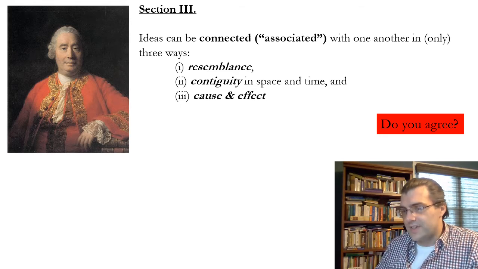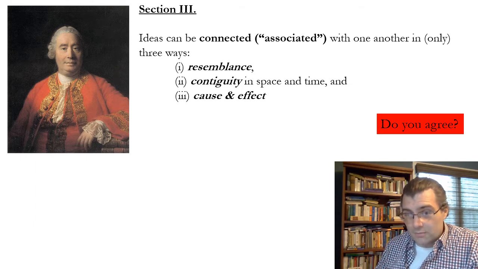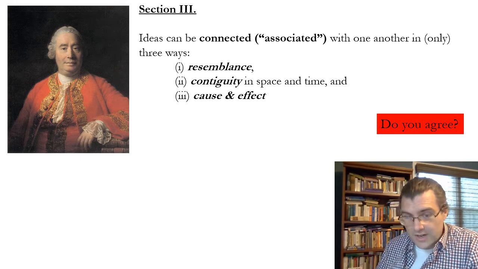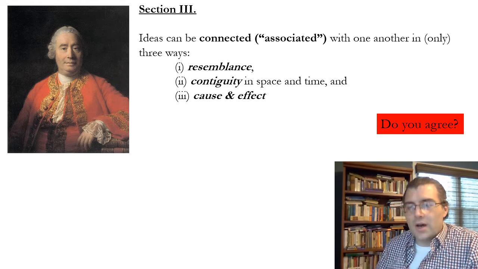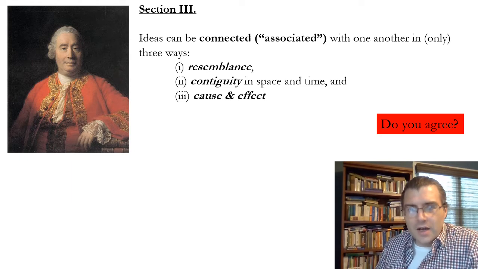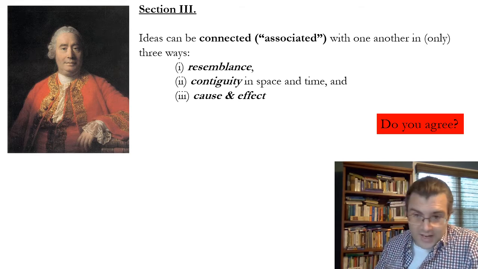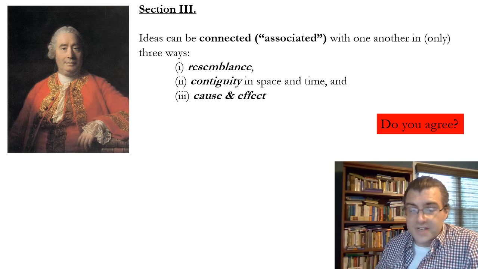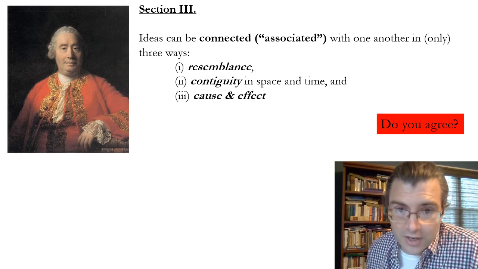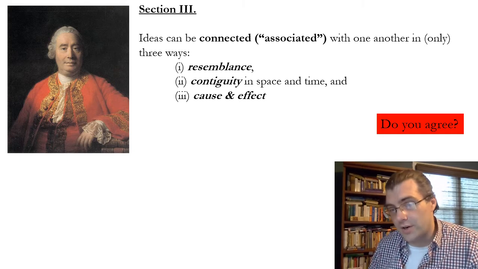So that, for instance, heat and fire might have been experienced contiguously in space and in time, that whenever we saw a fire, when we're near to it, that we also felt heat, for instance. And then another is through cause and effect. So when we see or hear one impression, shortly after we see or hear another impression.